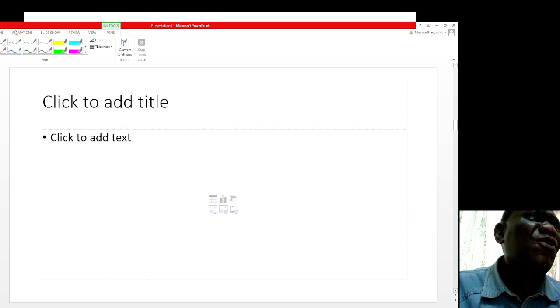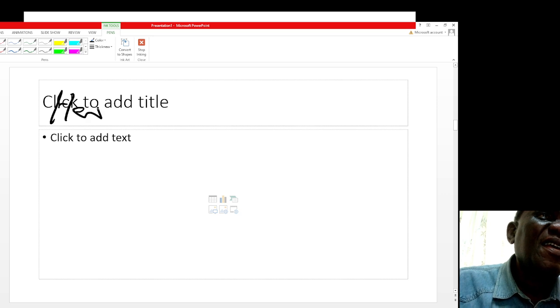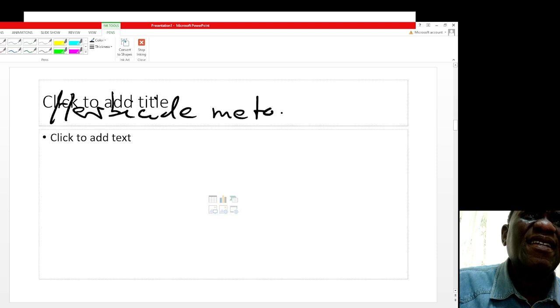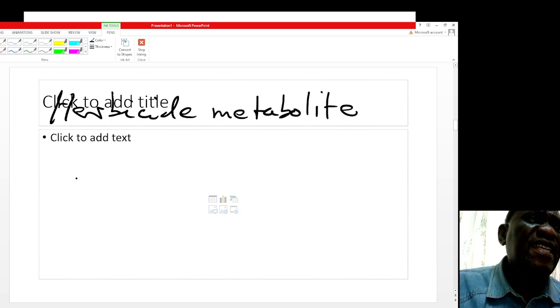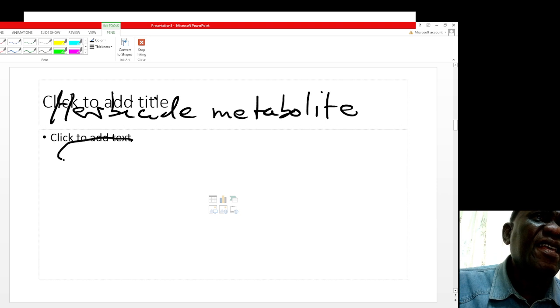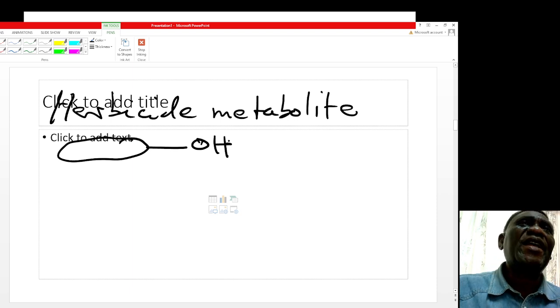Now let us move on to talk about the herbicide metabolite. This is the herbicide which has been altered in phase 1 by cytochrome P450. So this herbicide is likely to carry this radical, the OH.